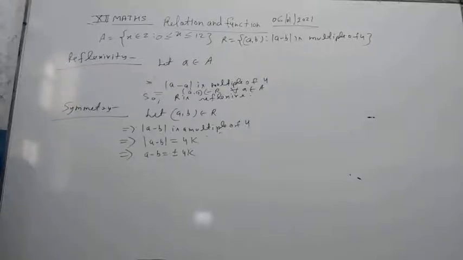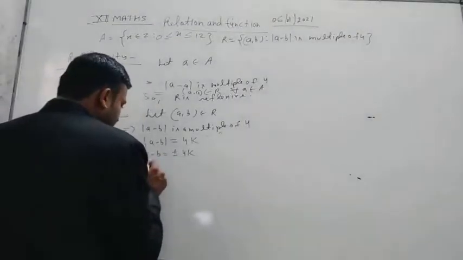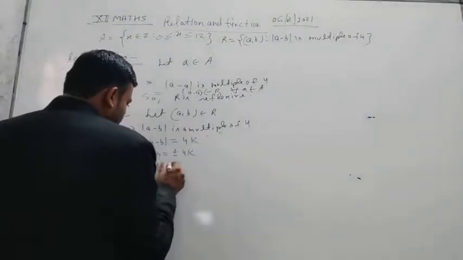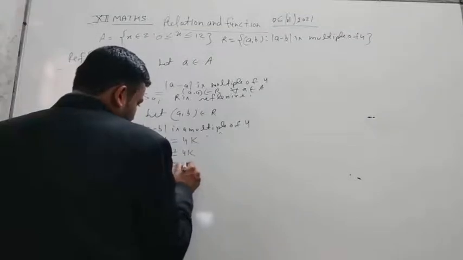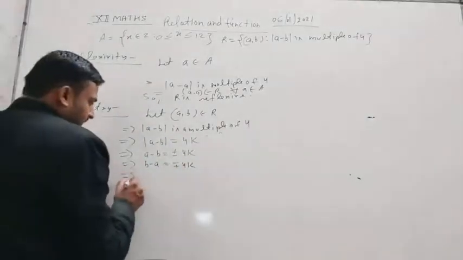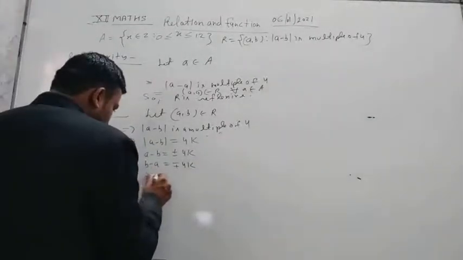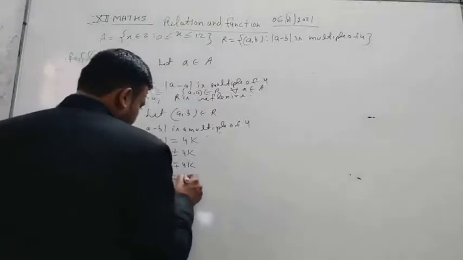Now if we are changing this, we can write B minus A. This implies minus and plus. So we can write B minus A, this is 4k.